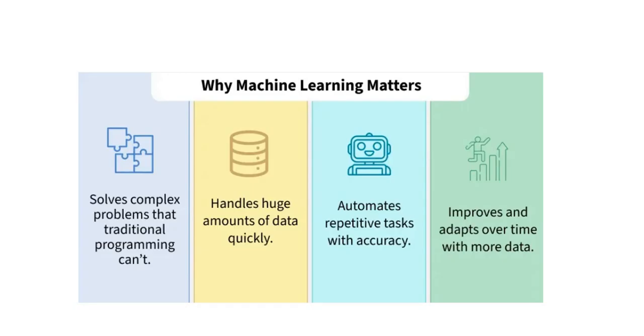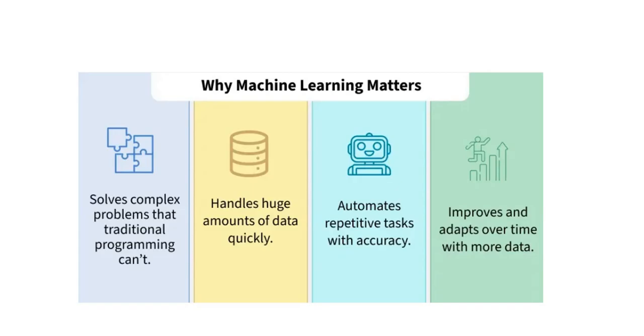Now, the question is why machine learning matters. It explains the importance and advantages of using machine learning in today's world. It highlights four major reasons why machine learning is valuable across industries. First is solving complex problems. Traditional programming requires explicit rules and logic written by humans.